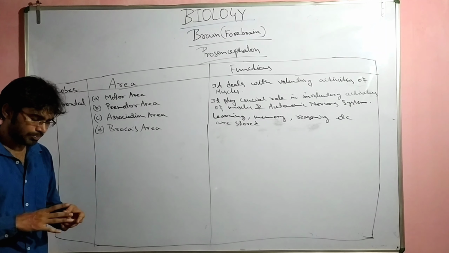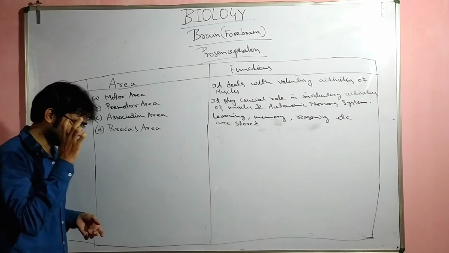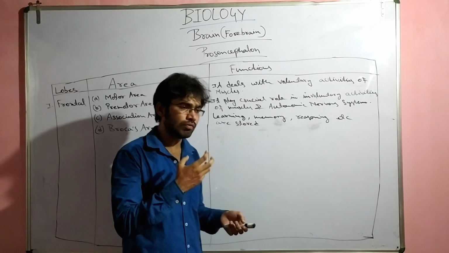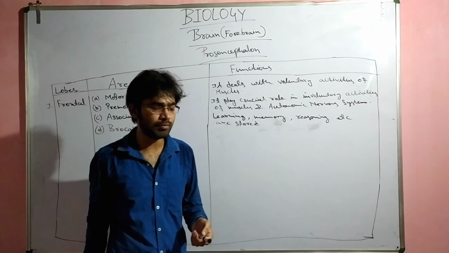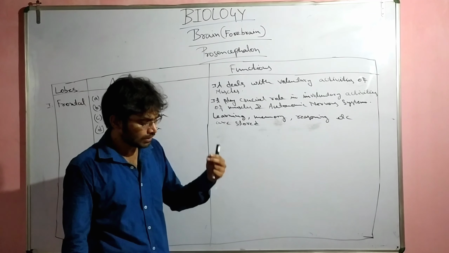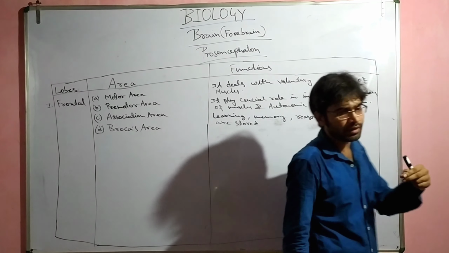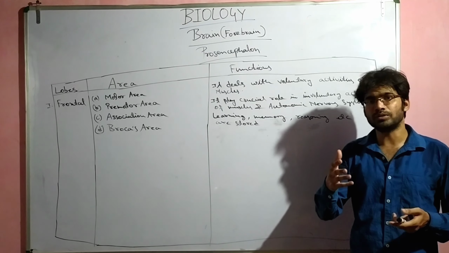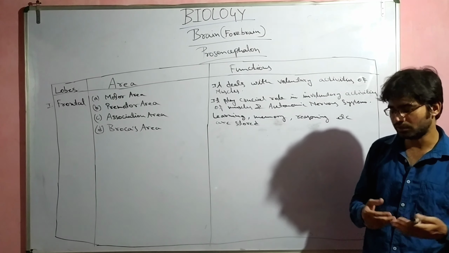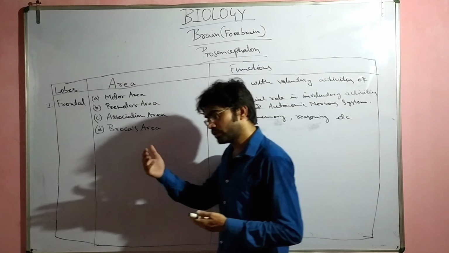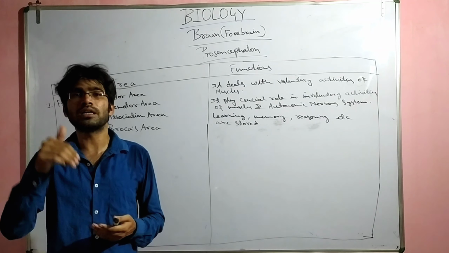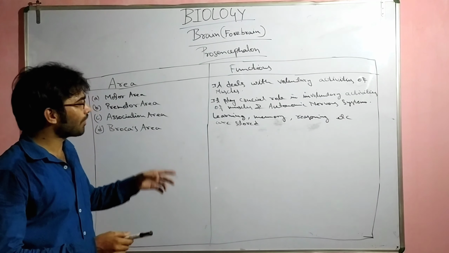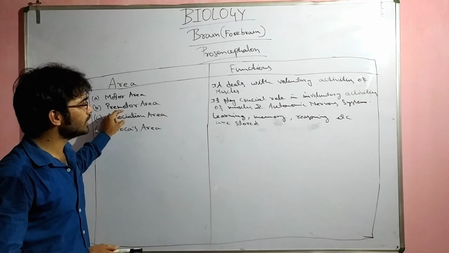Suppose that a person had seen or heard the voice of a particular animal. Whenever the voice of that particular animal comes, the person will recognize the sound because of the association area.